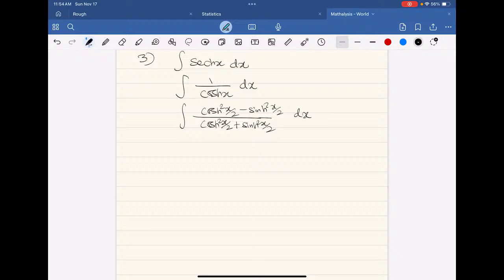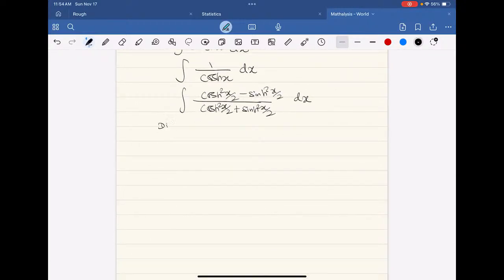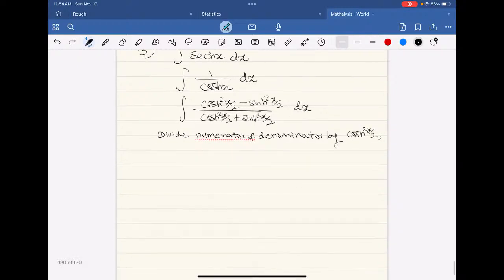Now if I divide numerator and denominator by cosh square x by 2, let's see what I'm going to get.